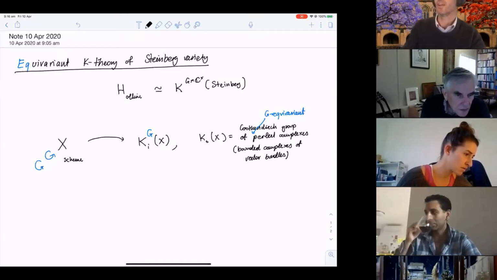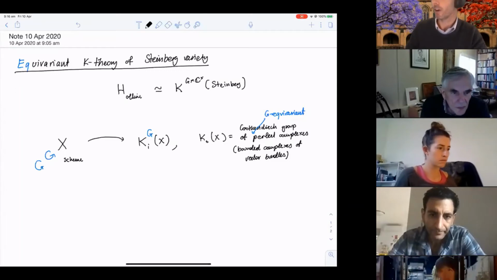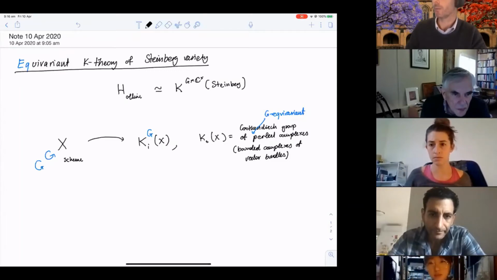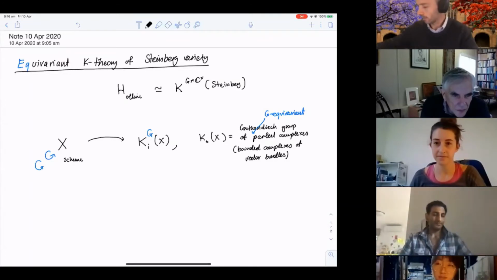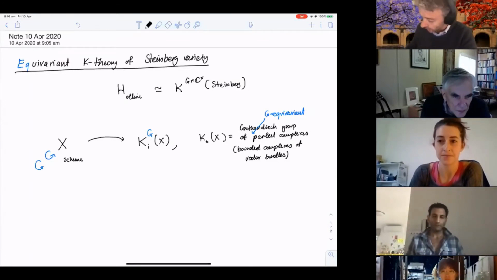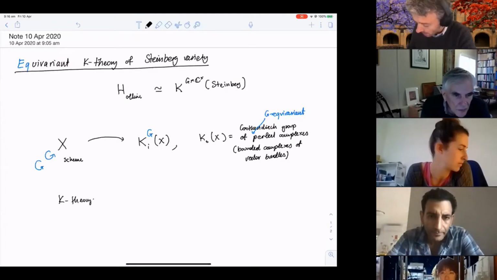Okay, so there's this paper by Thomason and Trobaugh, or I don't know how to say it. I feel like people say Trollborough, but that has nothing to do with the way it's pronounced. So for K theory, this paper of Thomason.